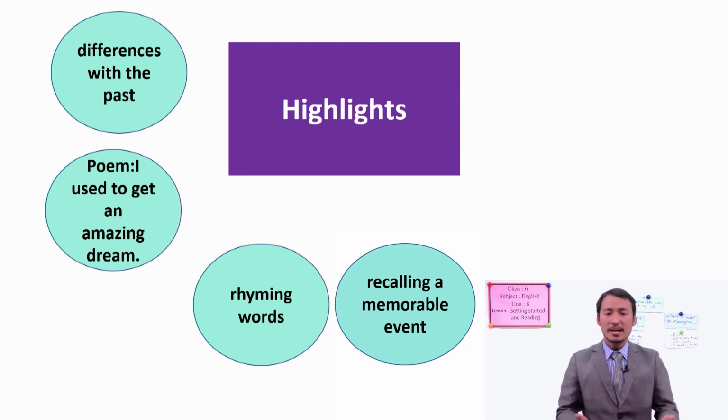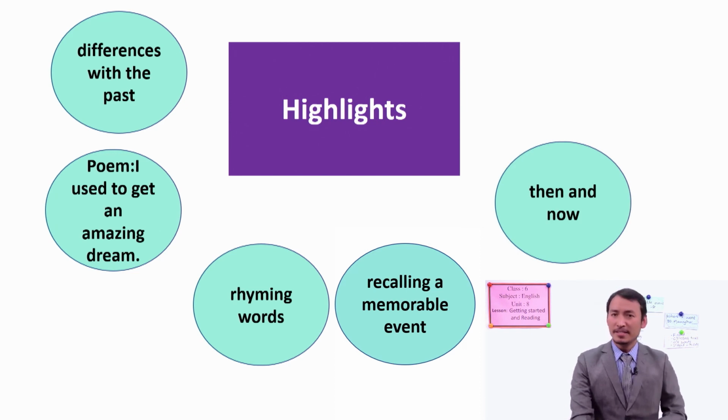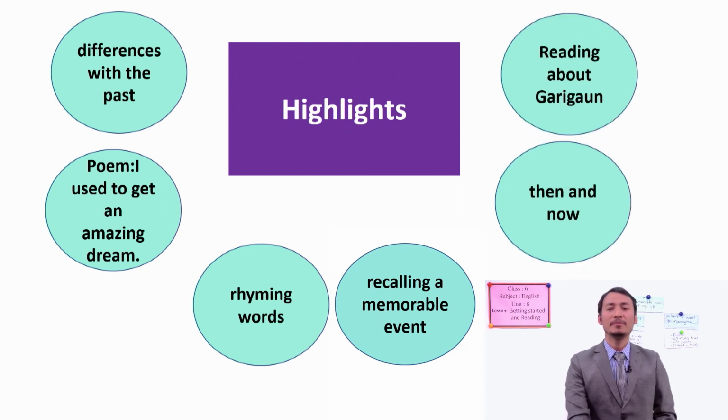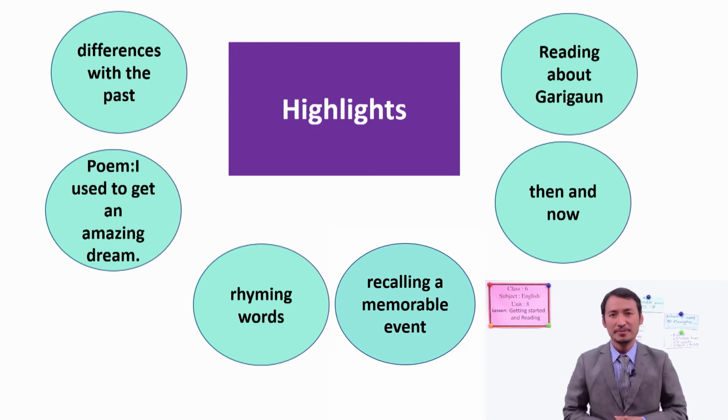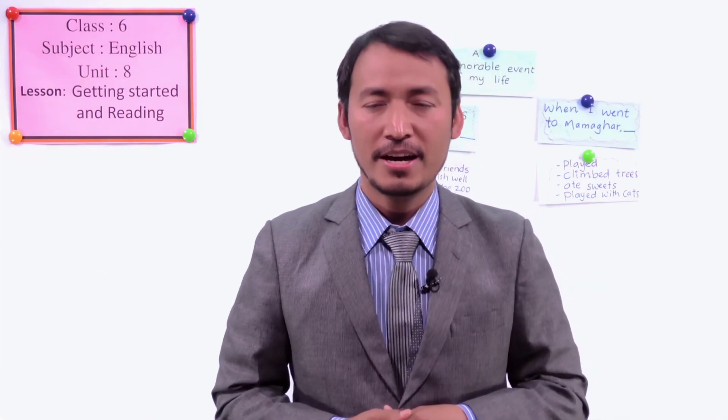We also learned how to recall our memorable events from the past, and we have talked about the concept of then and now, and we have read the text about Gairigaon. What is the situation of Gairigaon now and what was the situation before. Okay, so these are the things that we have discussed in today's lesson.